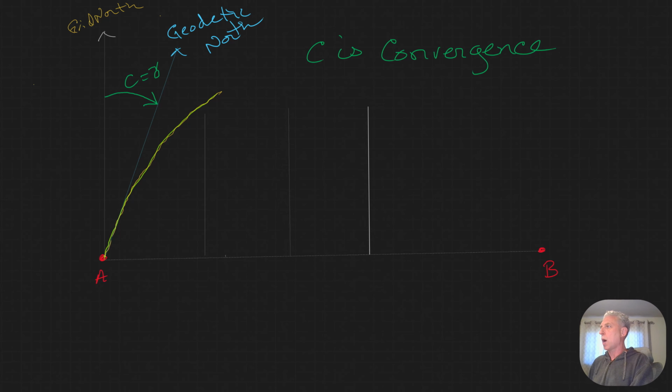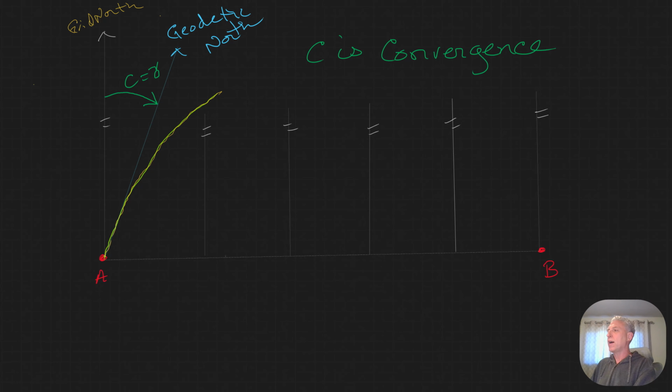I'm just copying a grid north over. Grid north is always parallel, right? So these are all parallel. I'm just using my little parallel marks here. And they are all grid north.